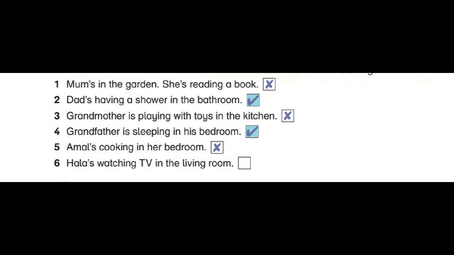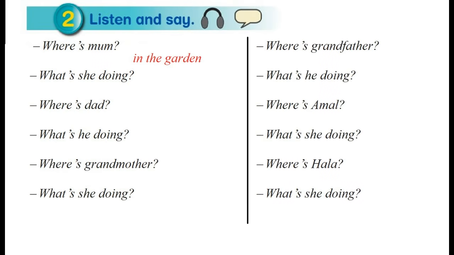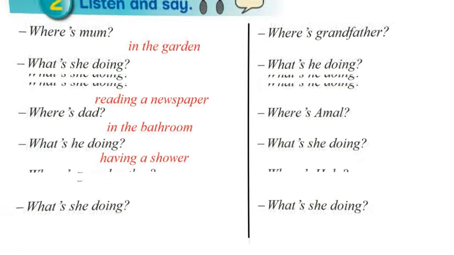6. Where are you, Hala? I'm in the living room. What are you doing? I'm watching TV. Tick. Where's Mum? In the garden. What's she doing? Reading a newspaper. Where's Dad? In the bathroom. What's he doing? Having a shower.